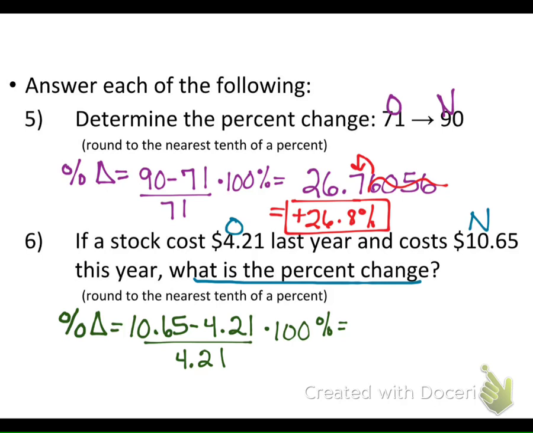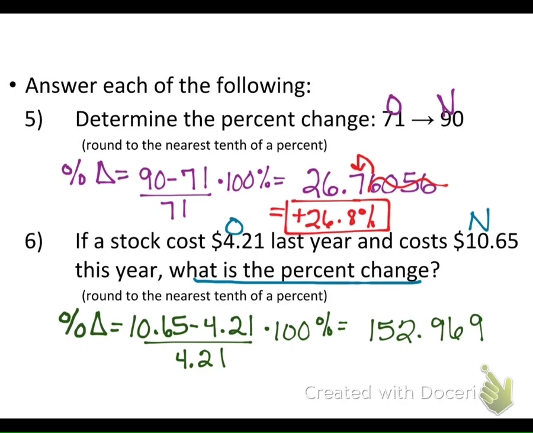Okay, nope. 152.96. Okay, so we have 152.969. Now I am rounding to the nearest tenth of a percent.